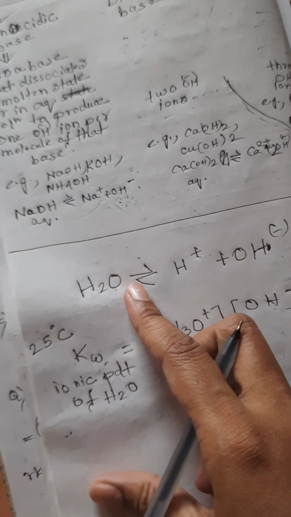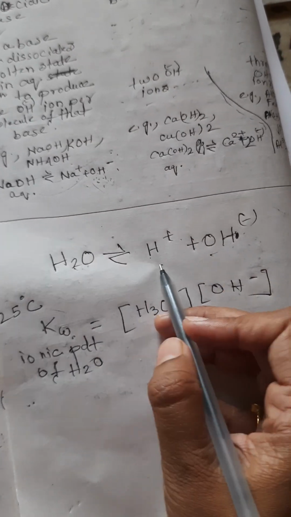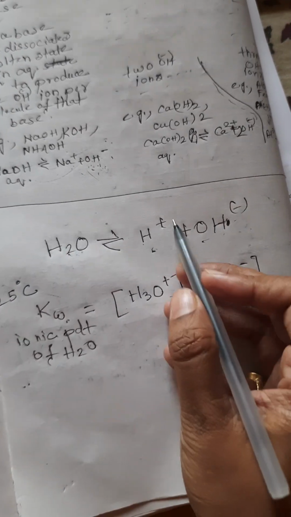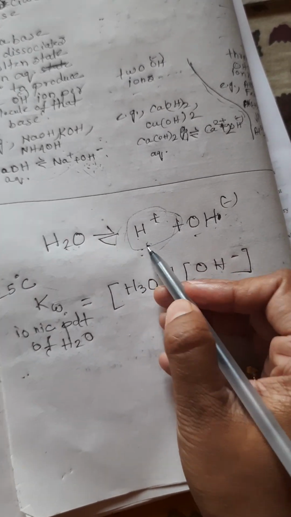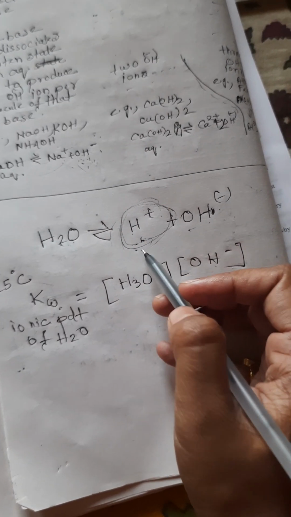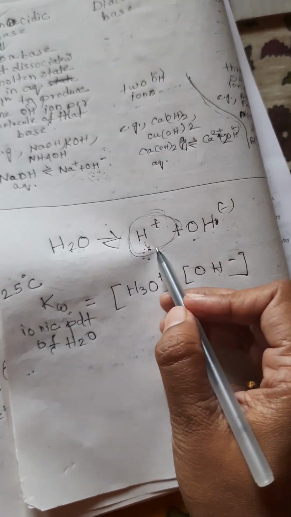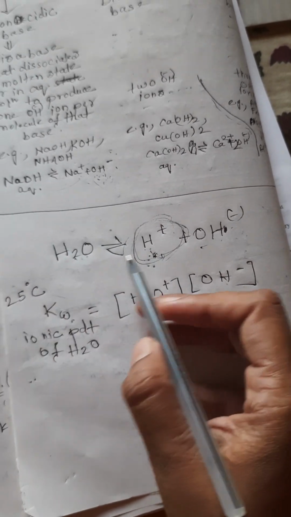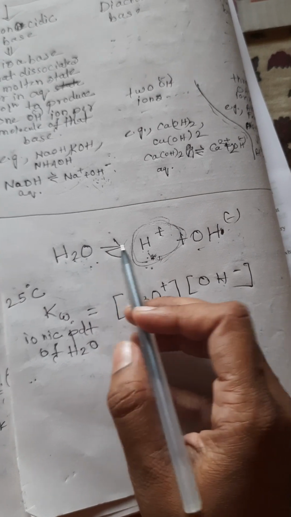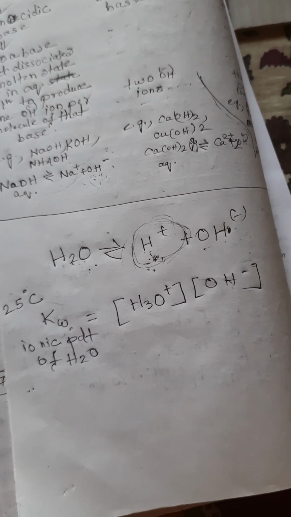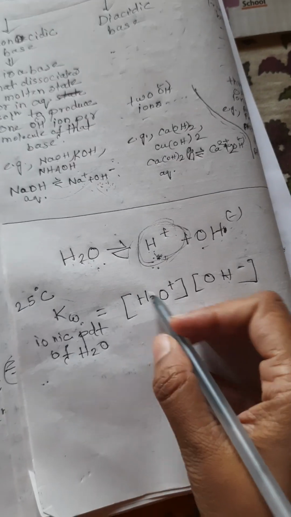First of all, water gives H plus ion and OH minus ion, but I said that H plus ion is not stable. It can never exist as H plus because it is very unstable. That's why it goes to the water: when H2O is added, H plus ion goes towards water and produces hydronium ion.